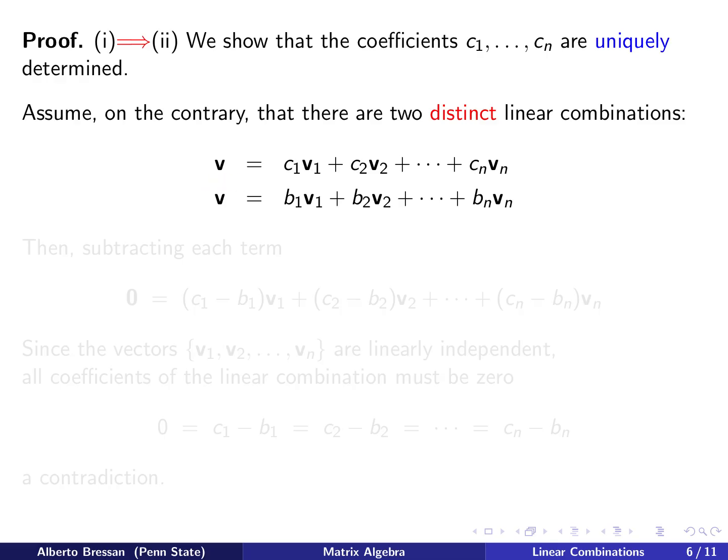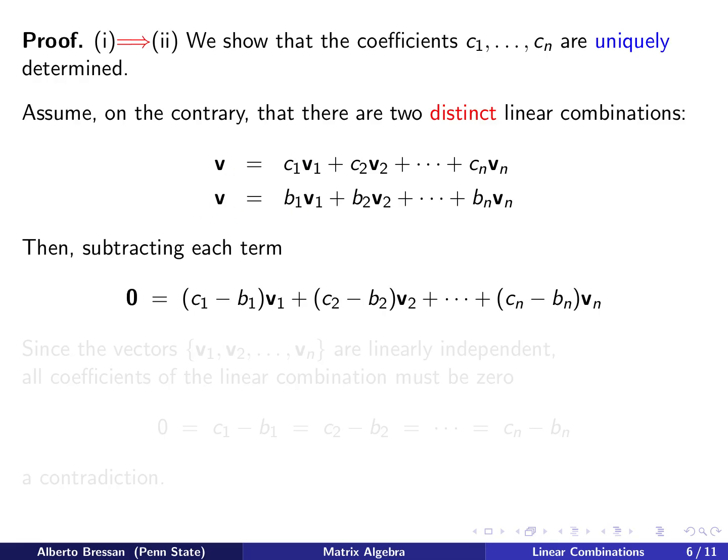One has the coefficients Ci, so C1, C2, and Cn. And we have a second one, with the coefficients Bi, so B1, B2, and Bn. Both linear combinations give me this same vector V.